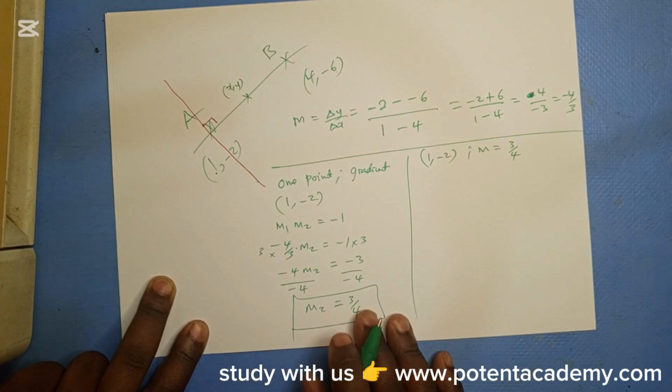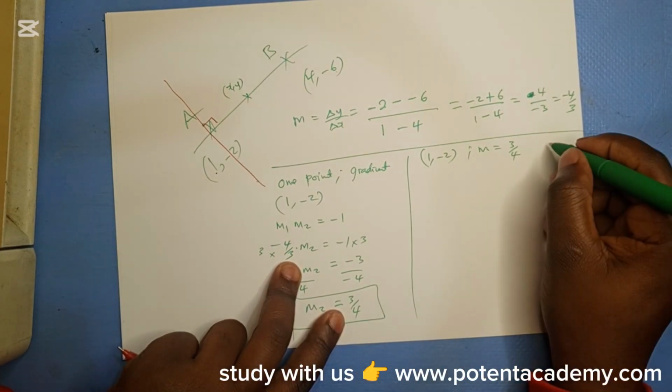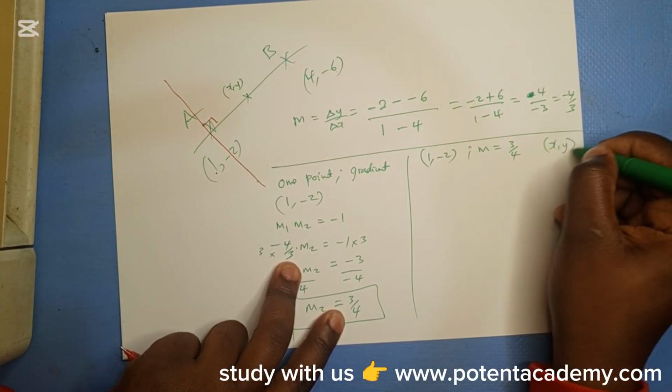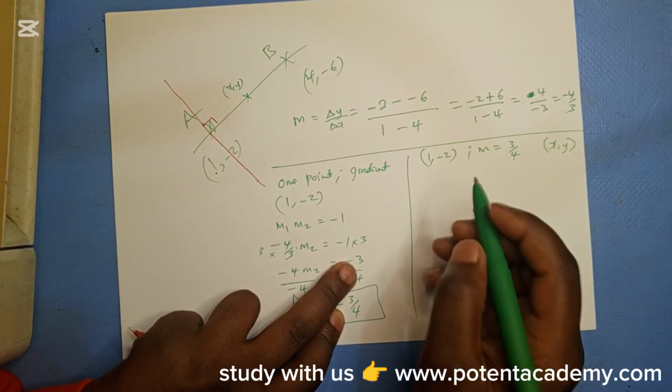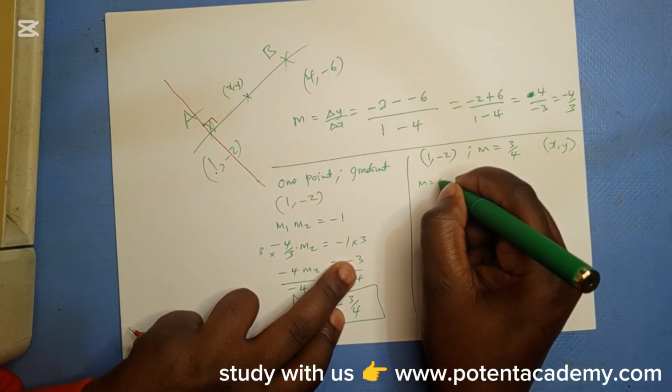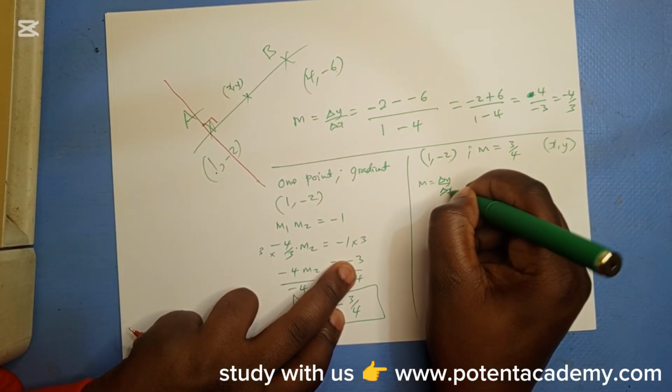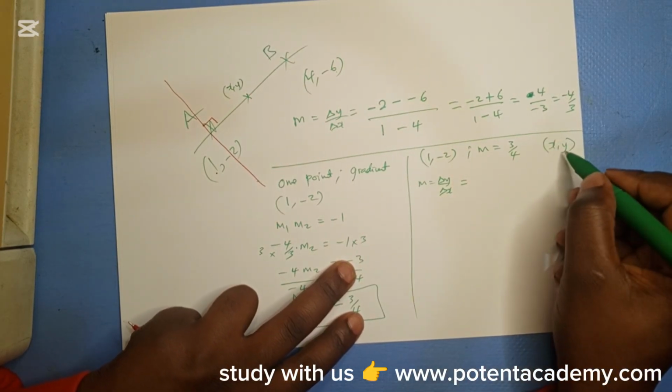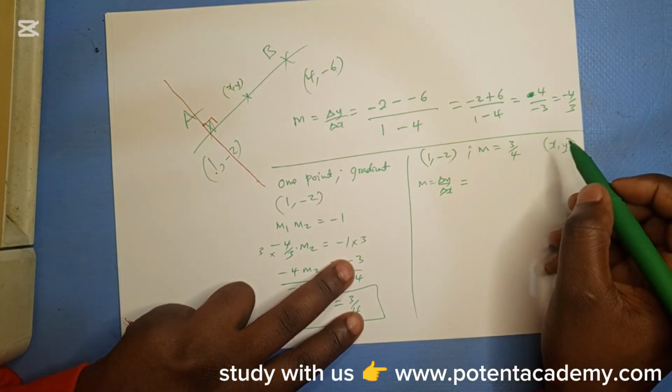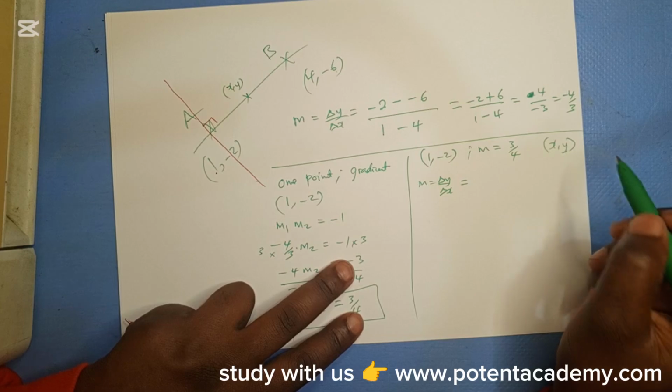So when you're given this, you take another point x, y on that line and say gradient is given as change in y over change in x. So change in y, you take this and this. You're supposed to begin with the unknown.